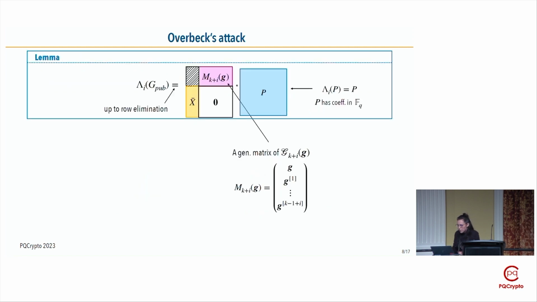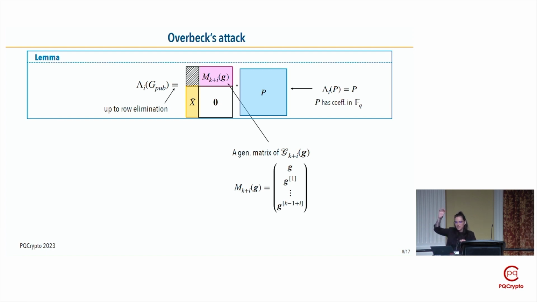In particular, if we consider Lambda_I of G_pub, our public key, we get this multiplication of these two matrices, where P remains unchanged because P has coefficients in F_q. And on the other part, we have another matrix which has two important blocks.